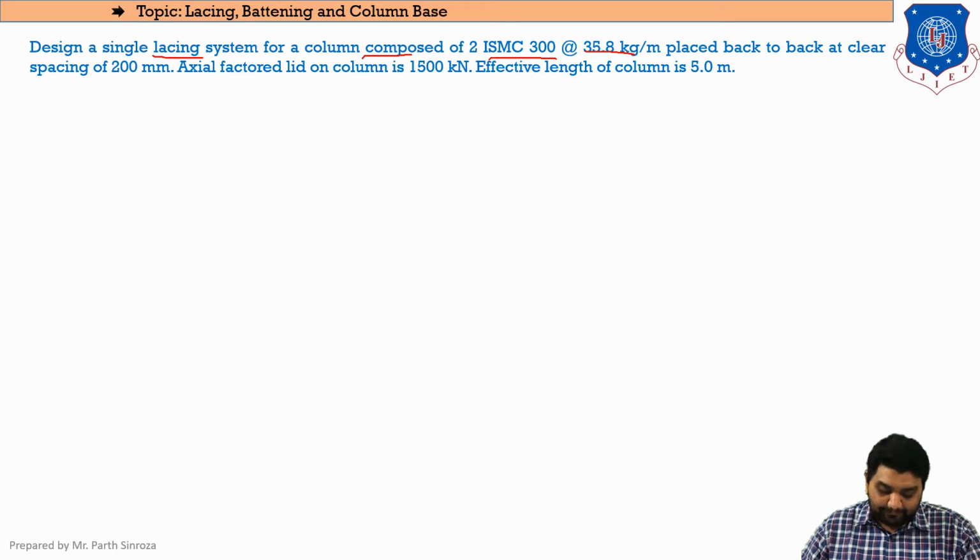They are placed back to back at a clear spacing of 200 mm. In the last session we discussed how to find the spacing; here it has been provided, and we'll move further and design the lacing system to connect these column sections. The axial factored load on the column is 1500 kilonewton, and the effective length of the column is 5 meter.